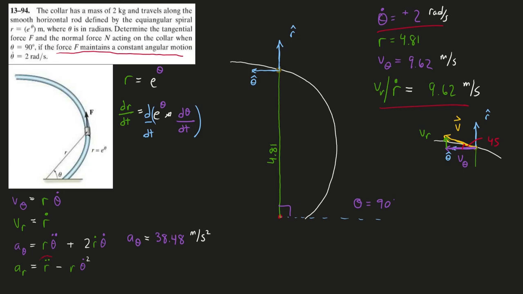Next up is our radial component, and I need to calculate r double dot, which means I have to take another derivative. Doing that will end me up with r double dot, and to compute it I've got to do the product rule, because I have two quantities, two equations of time getting multiplied by each other.